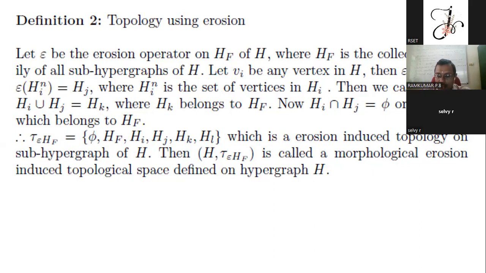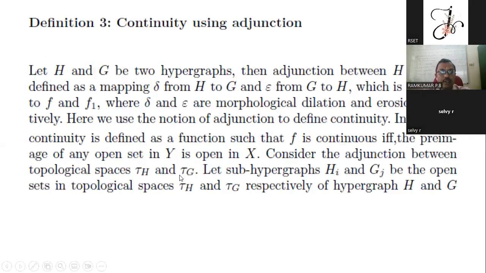There are methods to convert data to a hypergraph or simplicial complex. So from data, we can construct topological spaces like this. And we have the analogy of continuity in topological space here also. The analogy is in the form of an adjunction.